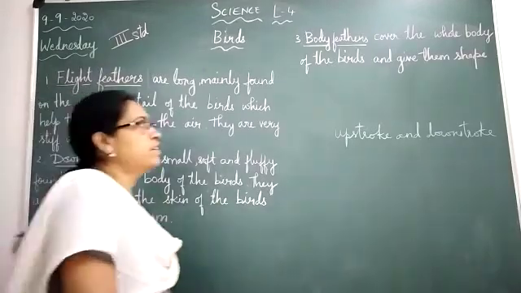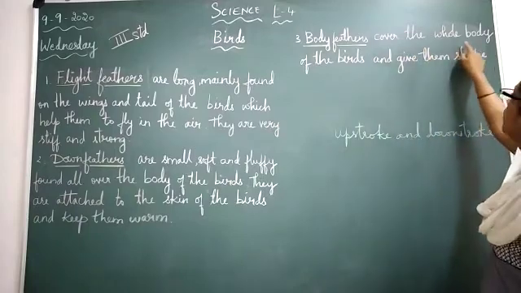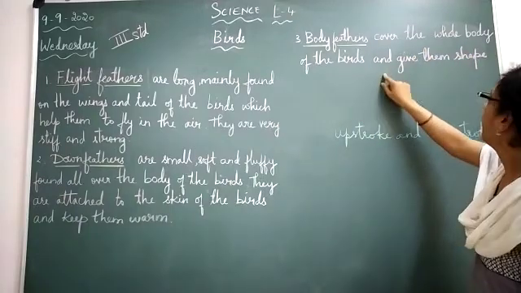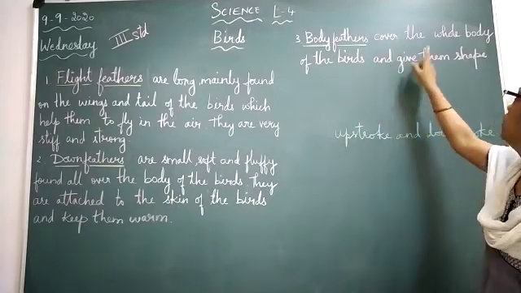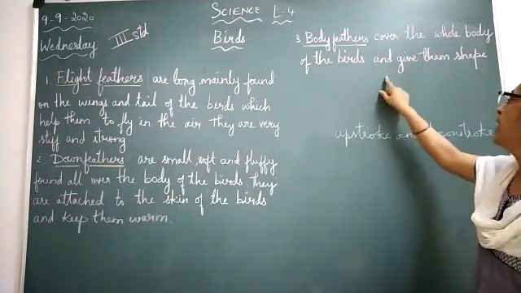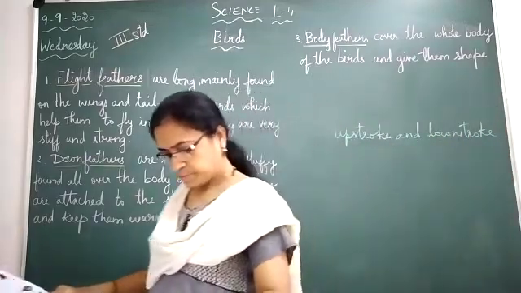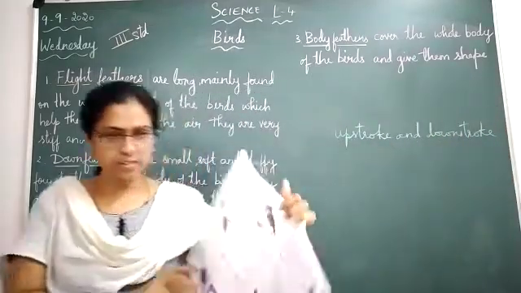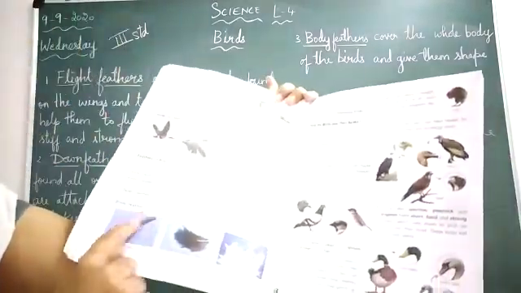And the next one is body feathers. Body feathers cover the whole body of the birds and give them shape. You can see the first one is the flight feather, which is mainly long.